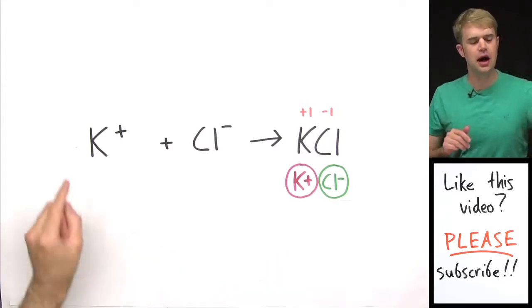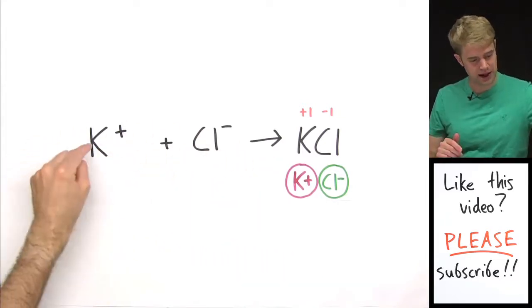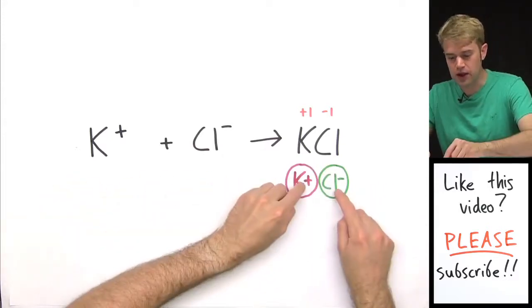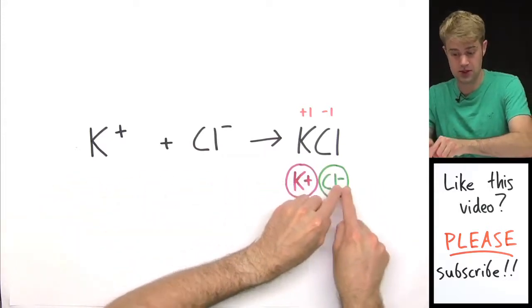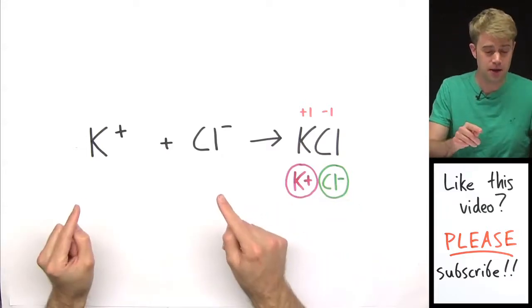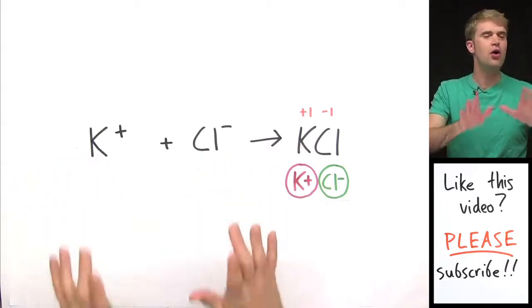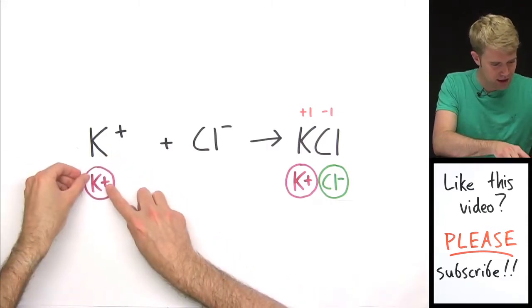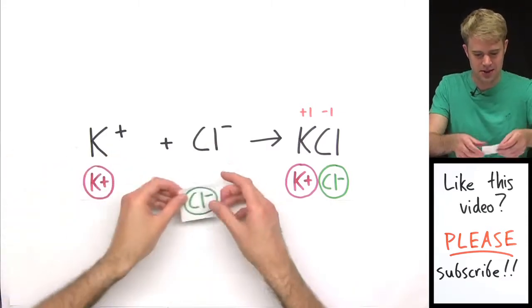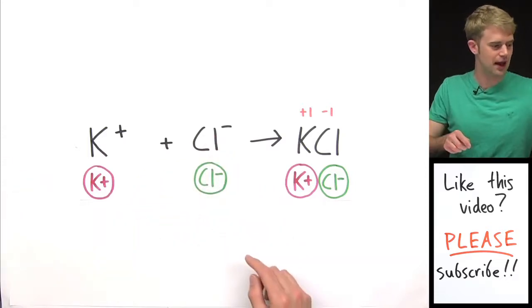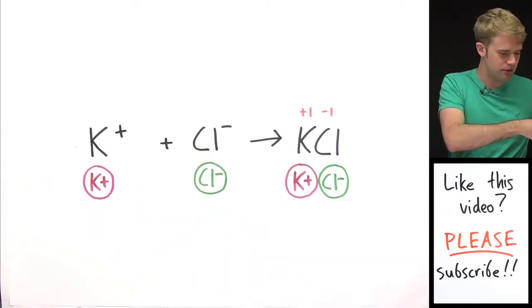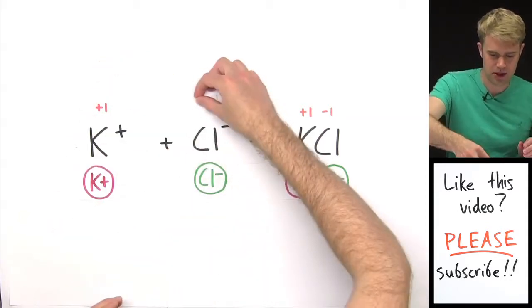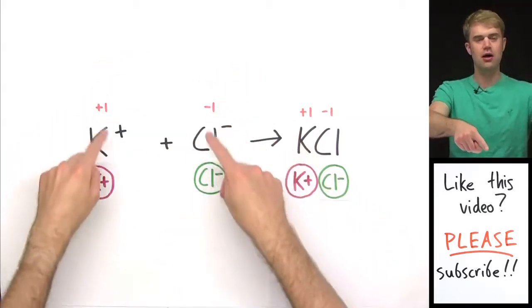For this to be an oxidation-reduction reaction, the K and Cl would have to have a transfer of electrons that create these charges, the plus and the minus. But the atoms over here, they already have charges, right? K+, here's a picture of the atom. Cl-, here's a picture of the atom. And I can put these numbers above them. Got 1+ for K, minus 1 for Cl.